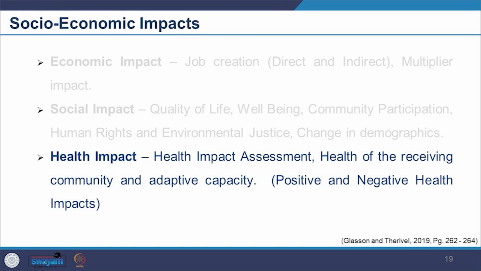When we talk about health, we cover the social, economic, cultural and physiological well-being of the receiving community and their ability to adapt to the projected change in daily life. So what kind of change will happen and whether they will be able to adapt to this particular change or not. So we look at health not just as the absence of disease, but also as adaptability to all the changes which are going to take place there.